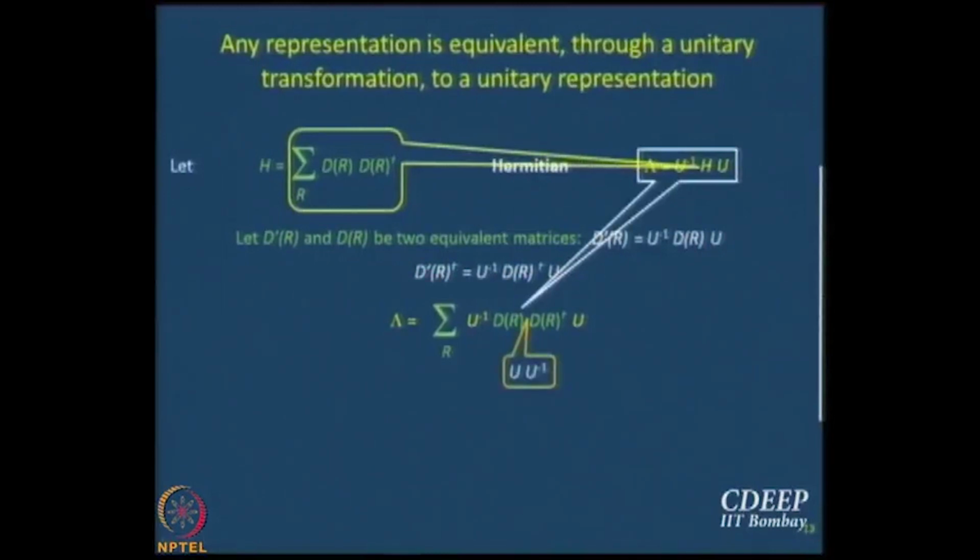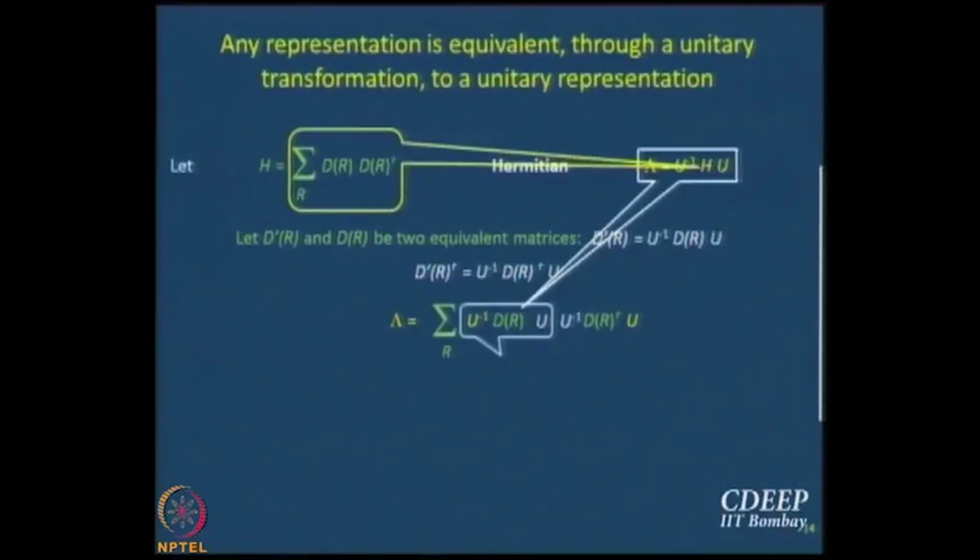So, you can put in E, and E can be obtained in many different ways. So, this time we choose to obtain E by writing u inverse u, no problem. Okay. So, when I write that, what do I get? U inverse dr u inverse dr dagger u.